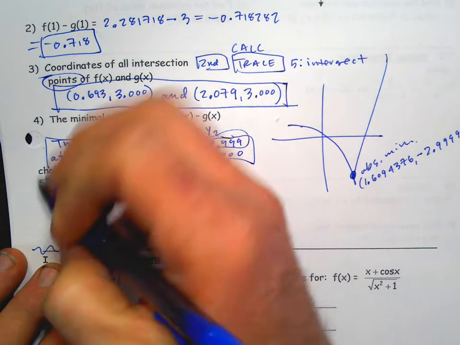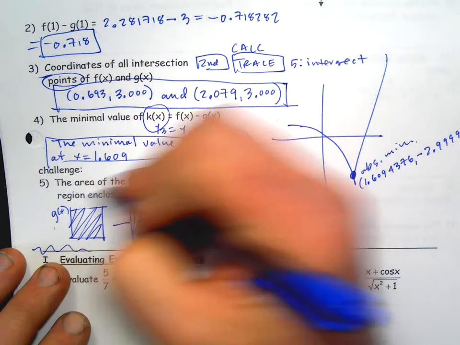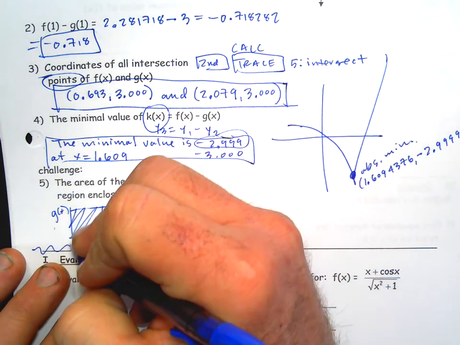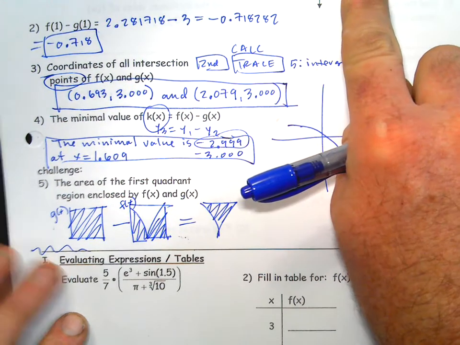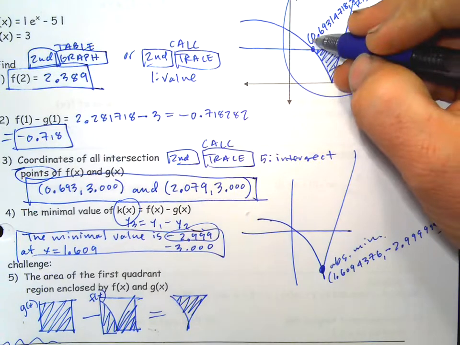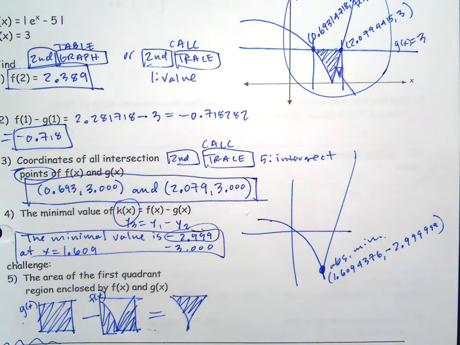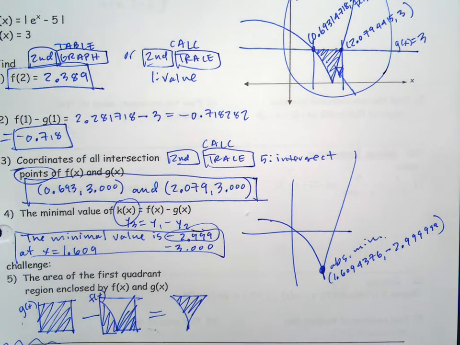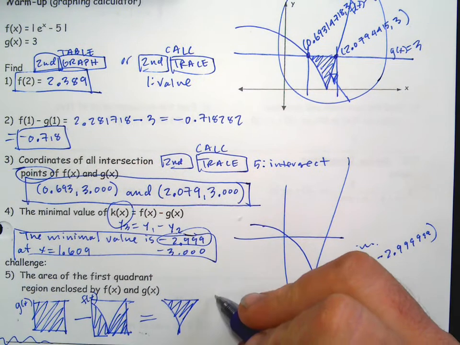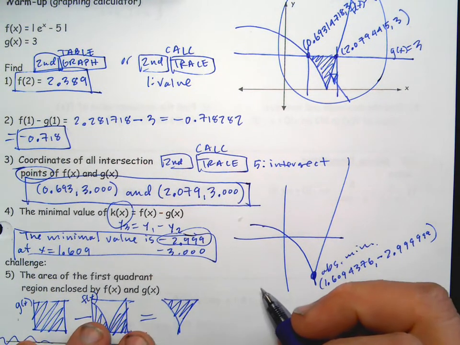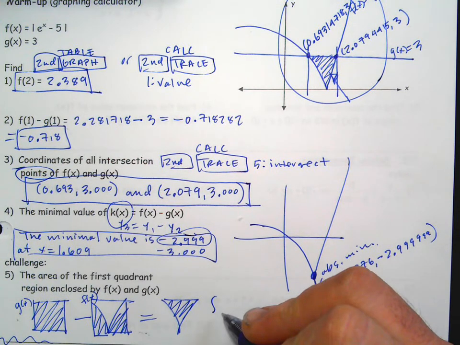So this is going to be g(x), and this is going to be f(x), and we need the intersections to know where to start and end it. Okay, so we've got to use those intersections. So now on my calculator, and when you do integrals, I want you to show me the setup. The setup is like writing it like a calculus problem.